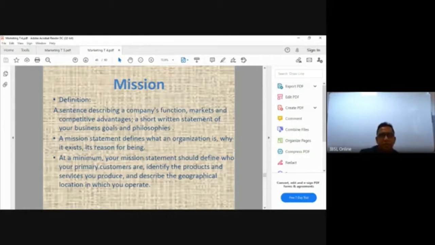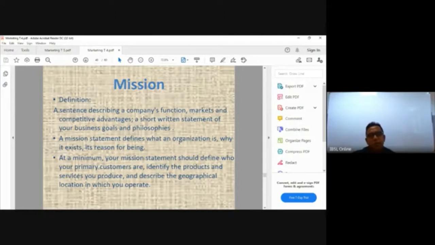It talks about the customer segments that they are going to target, the products that they are going to make or services they want to offer, and in which locations they are going to be.